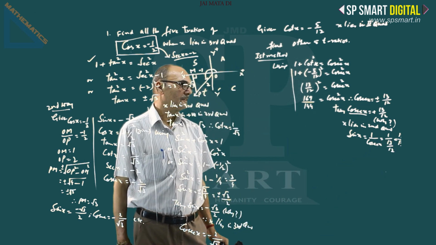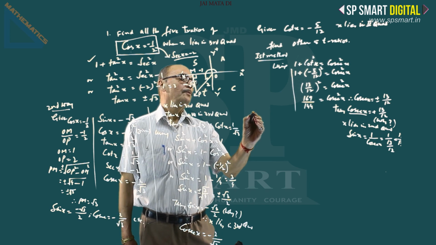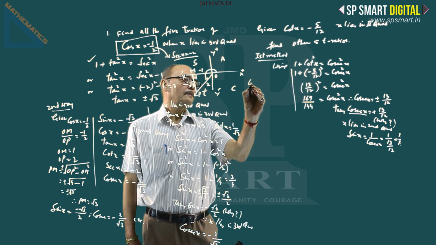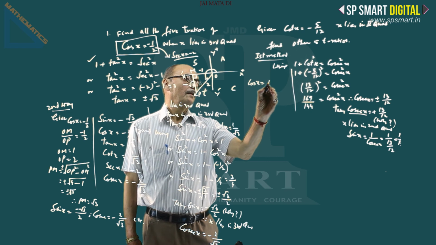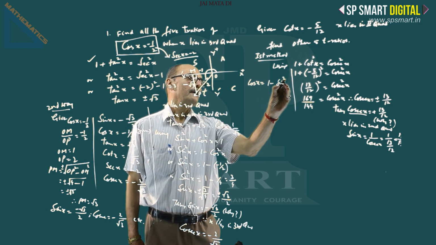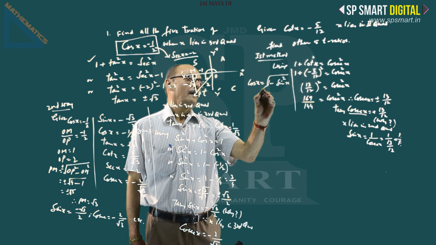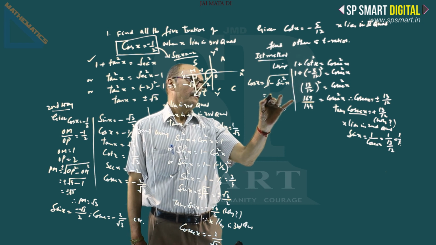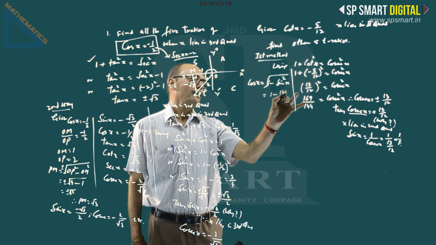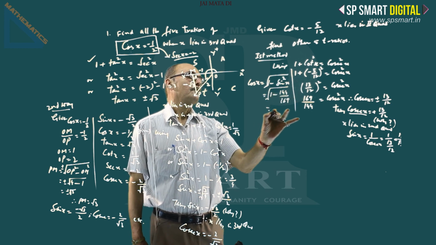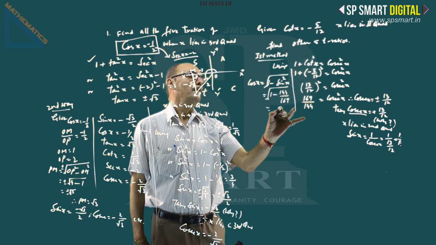For cos x, use cos square x equal to 1 minus sin square x and substitute the value here. 1 minus 144 over 169, which is 5 by 13.